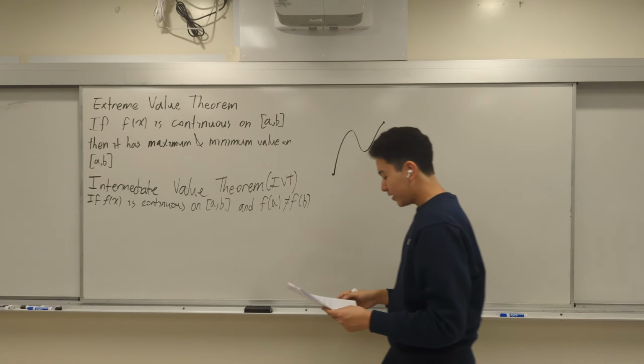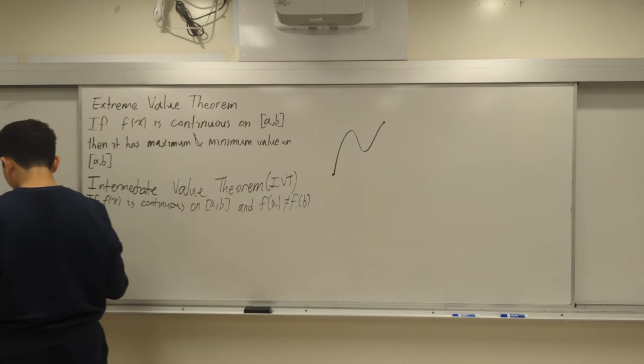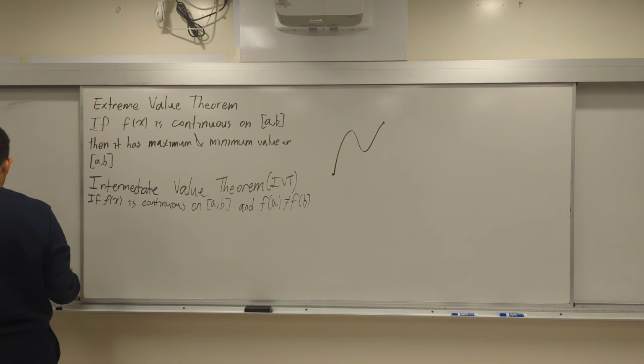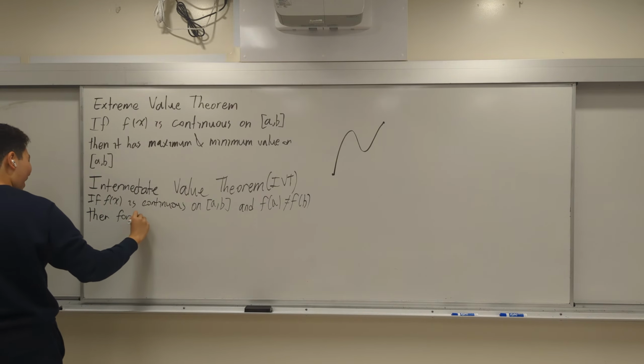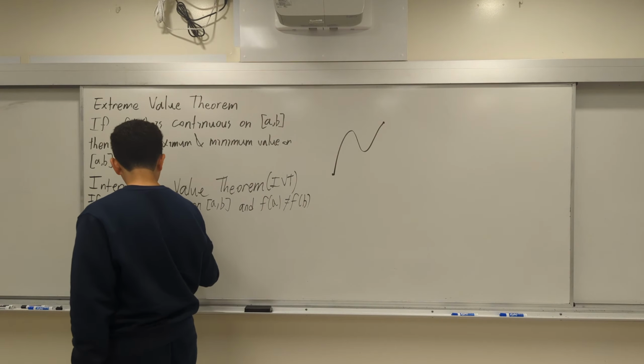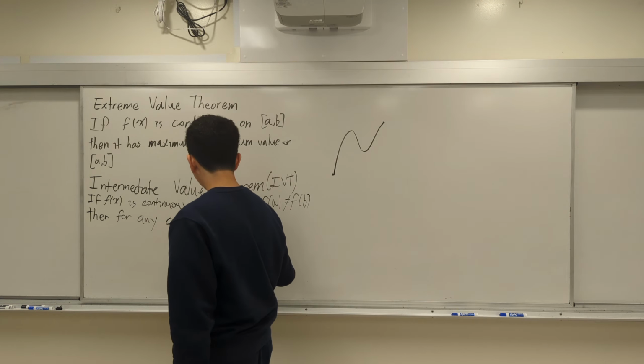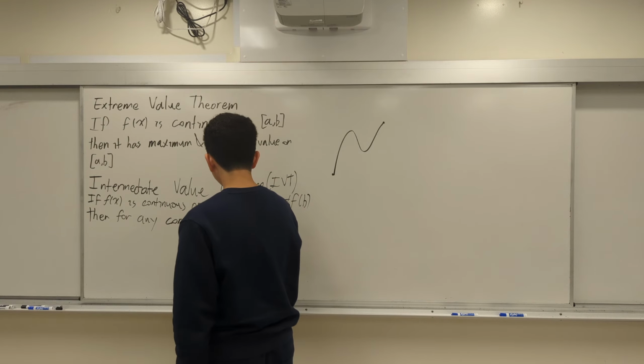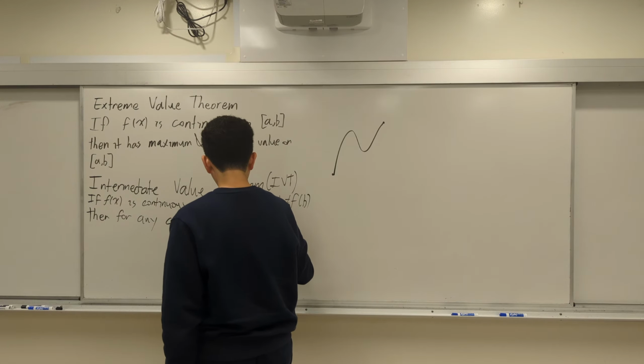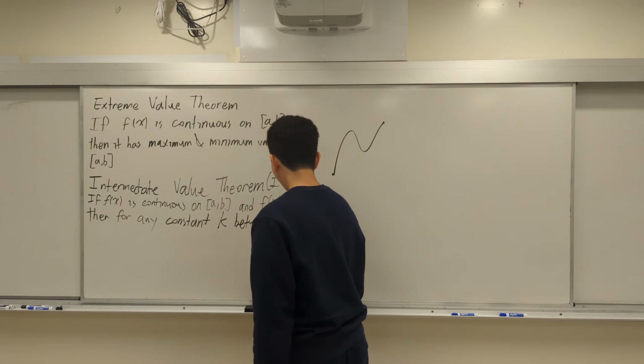Then we can say that for any constant k, so we're going to choose a constant k, but k has to be between f of a and f of b.